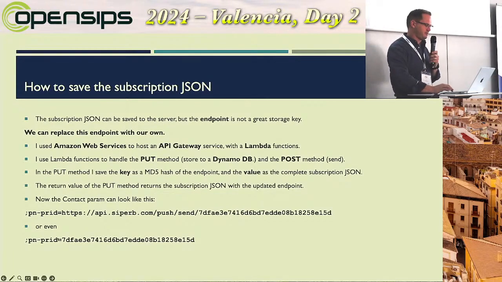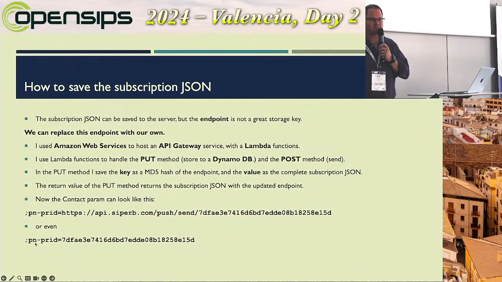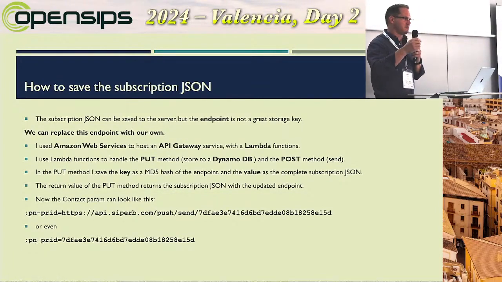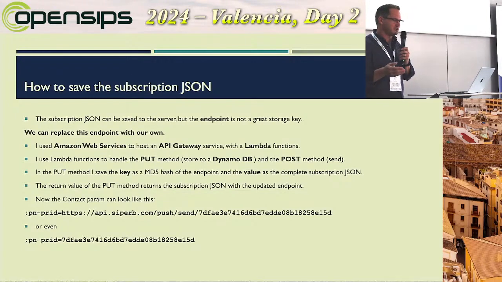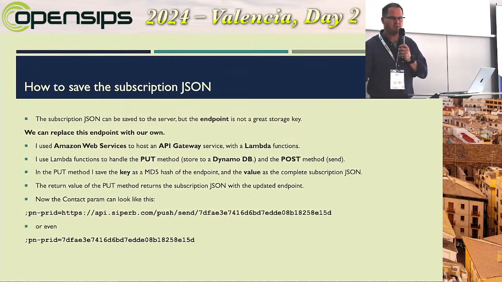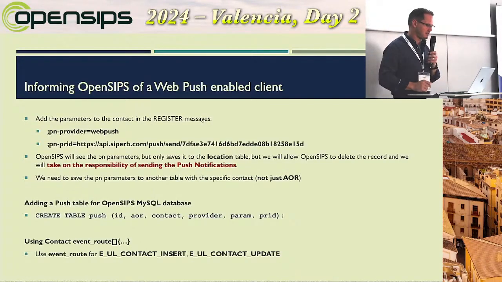So in fact, if you really wanted, you could set PNPRID equal to your own hash and send it up to OpenSIPS. OpenSIPS will then, at the time of sending a push notification, use this key, but give it to your own API, which in turn translates it into the full subscription JSON. I'm going to have a look at that now.